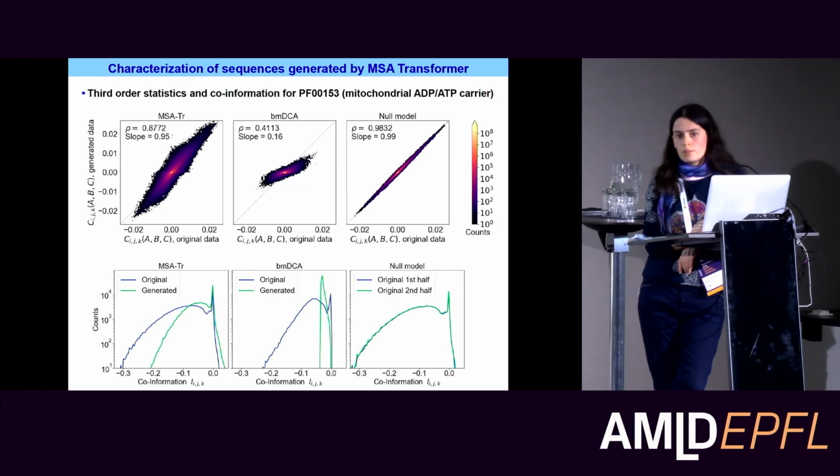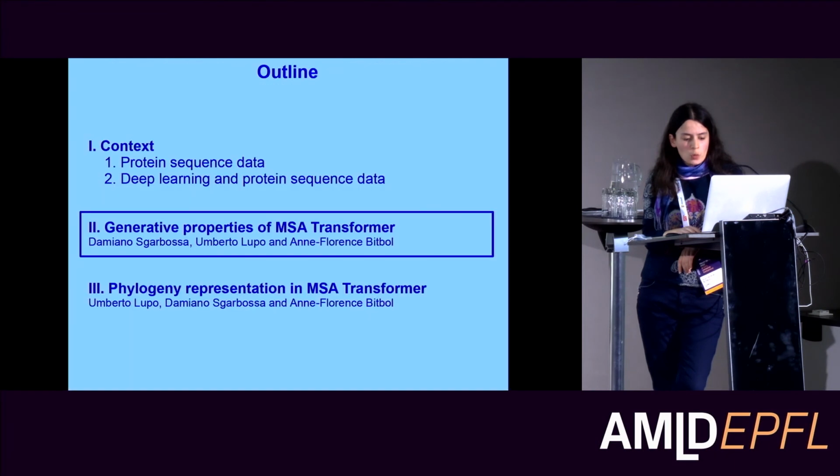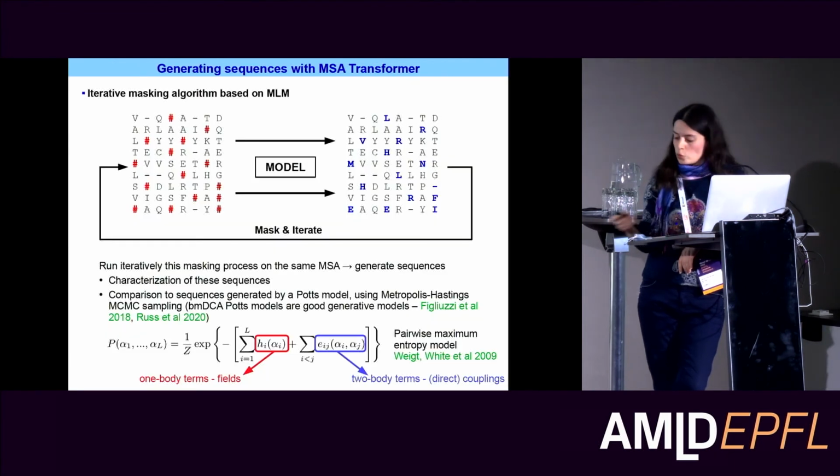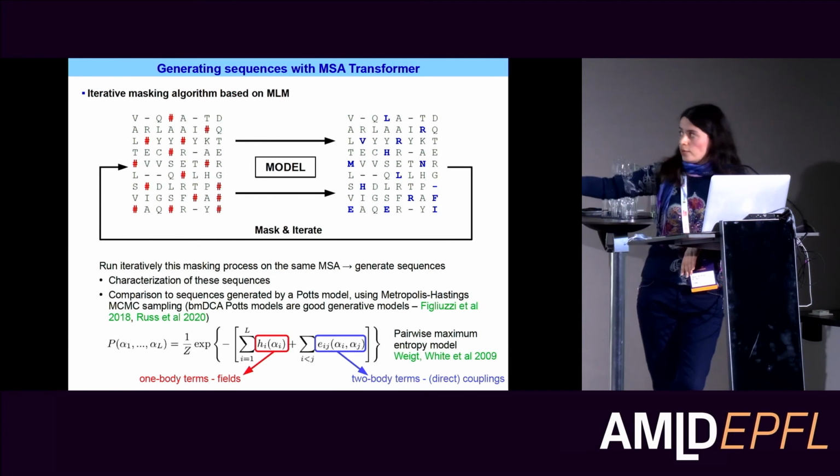I see, okay. Within the POTS model, this is something that has been discussed. The POTS model here is trained in order to reproduce one and two body frequencies, and because of this, it has only one and two body terms in the Hamiltonian. Indeed, adding a third order term is possible.